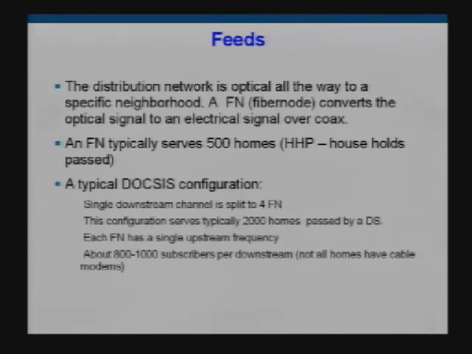The fiber node typically serves around 500 homes, but it can vary depending upon the particular MSO implementation. Depending upon what kind of services you offer and the subscriber density, the bandwidth requirement per fiber node can vary, and sometimes node splitting or adding more channels will be required to address that.